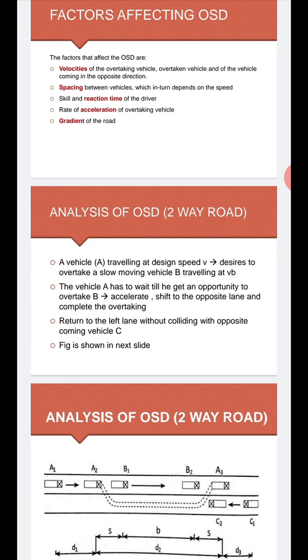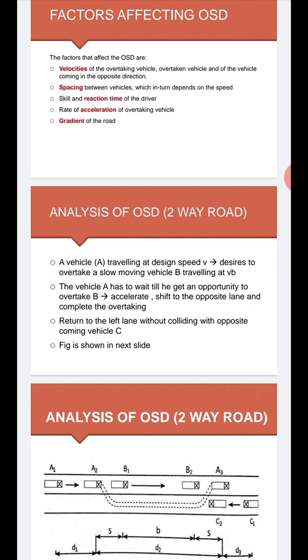Next is the rate of acceleration of the overtaking vehicle, which depends on the type of vehicle. If you are traveling in cars like SUVs, like Innova, or other high-end cars, then the rate of acceleration is higher and you will dare to go ahead for overtaking.